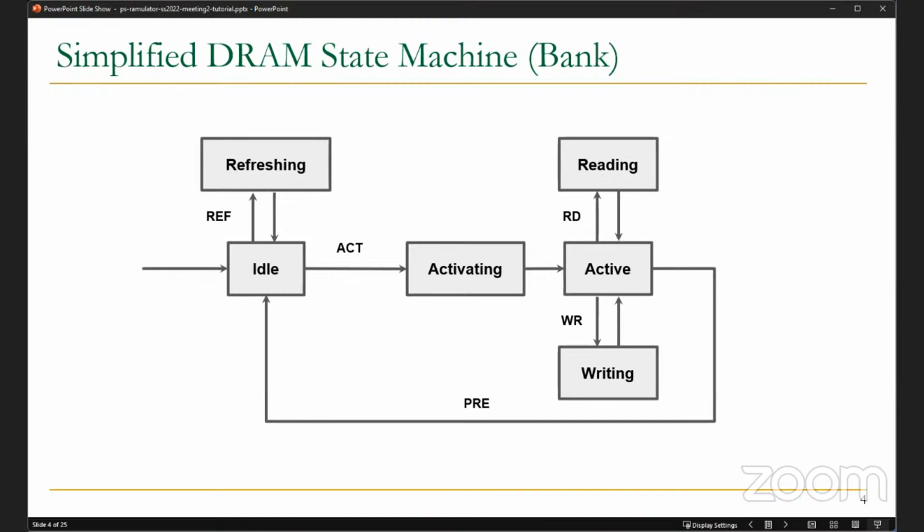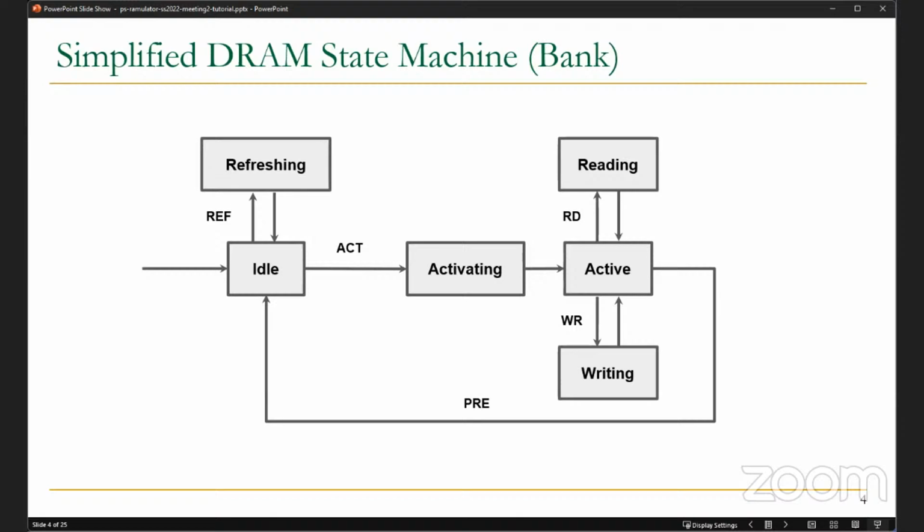So first, the initial state would be an idle state. In this state, if the bank receives an activate command, it will go into the activating state. And after a certain time has passed, it will enter the active state, or in other words, one row is opened in the bank.